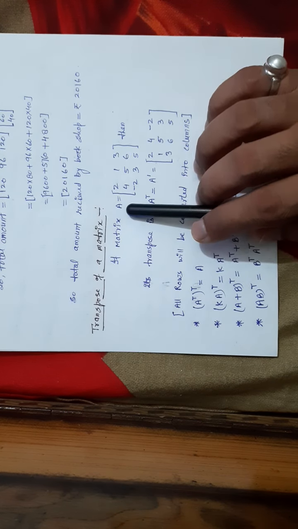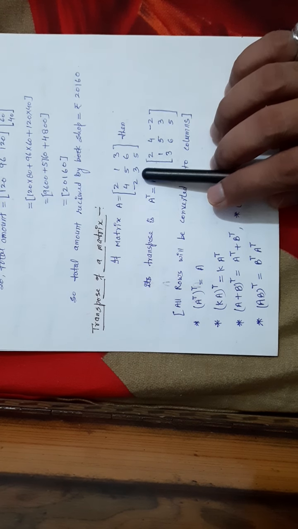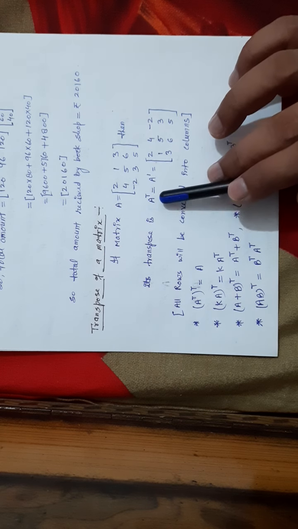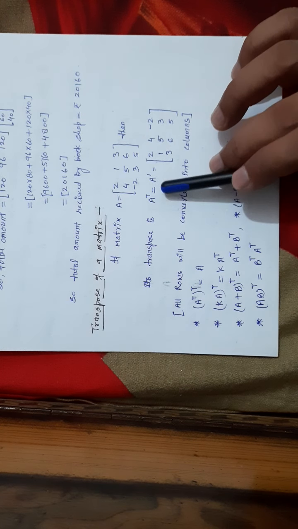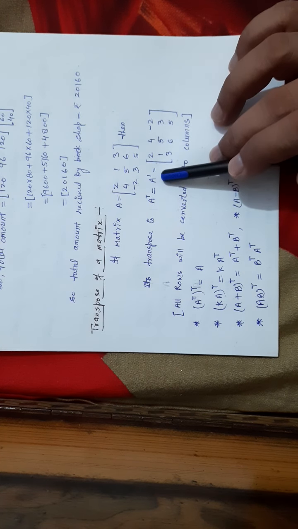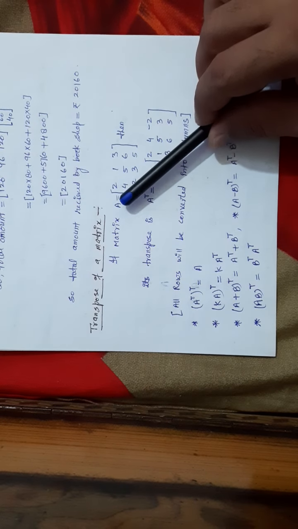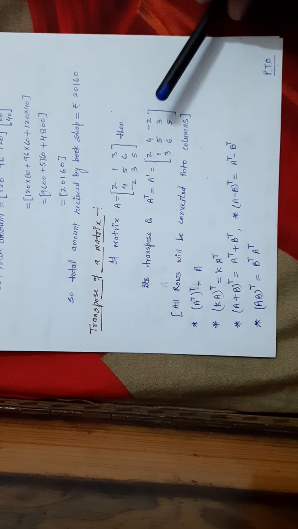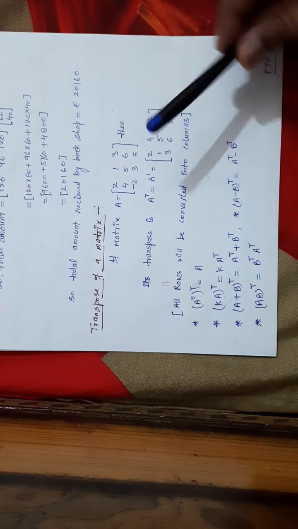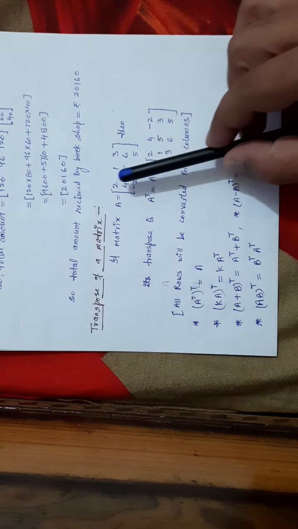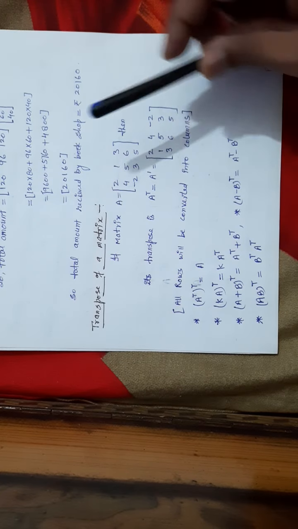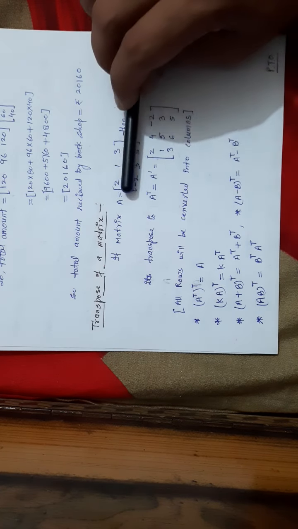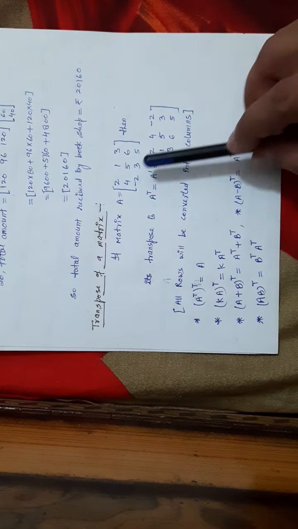If a matrix A is given by this matrix, then its transpose will be represented by A T or A dash. The transpose of matrix A will be this. It means each row will be converted into a column. 2 1 3, the first row will be converted into the first column. 4 5 6, the second row will be converted into the second column.